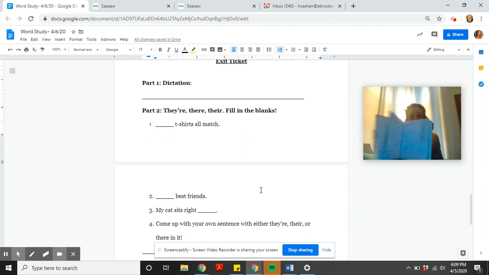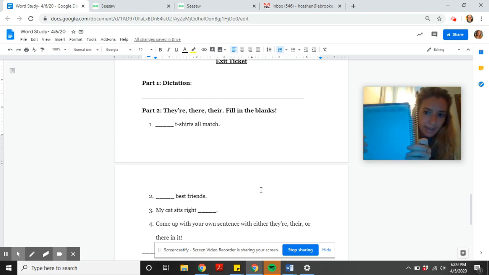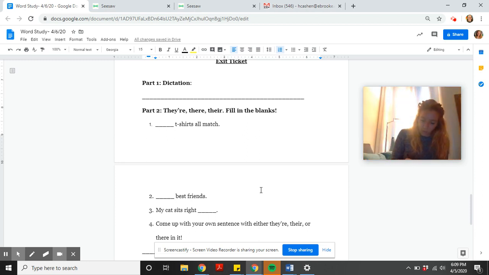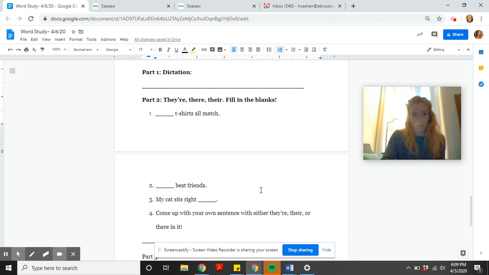Okay, so you should write exit ticket and then your name and date. Just like this. Then I'm going to have one line close to the top, and then I'm going to have 4 sentences labeled in the middle.